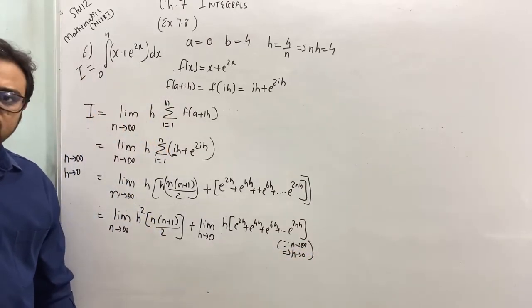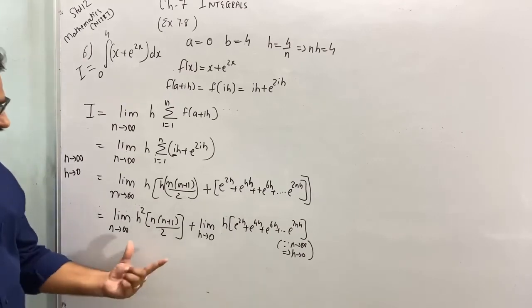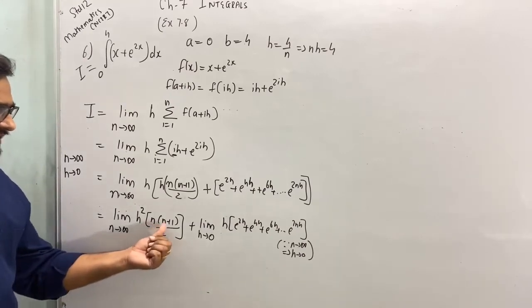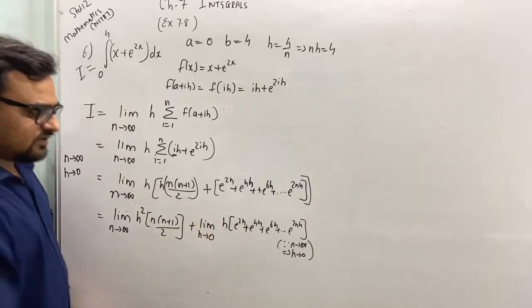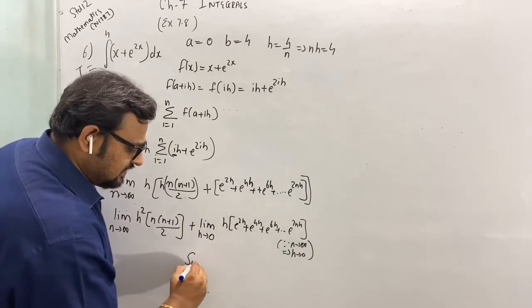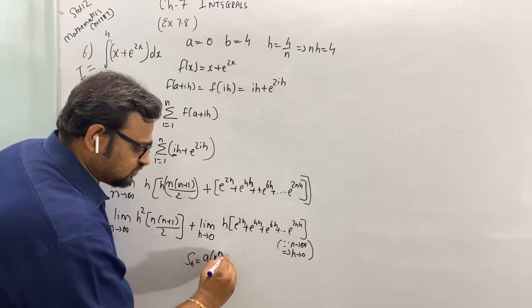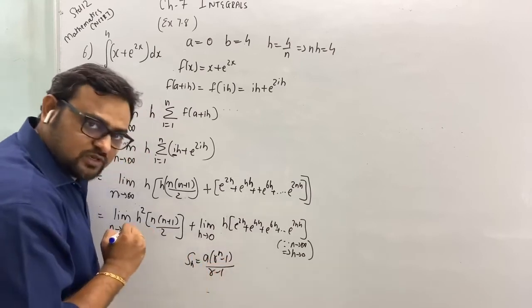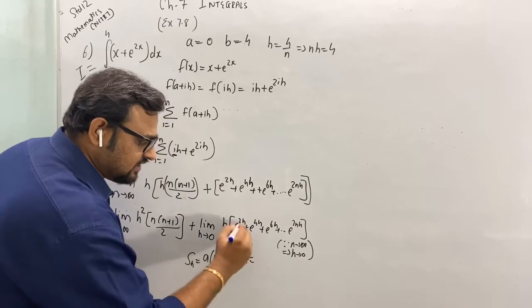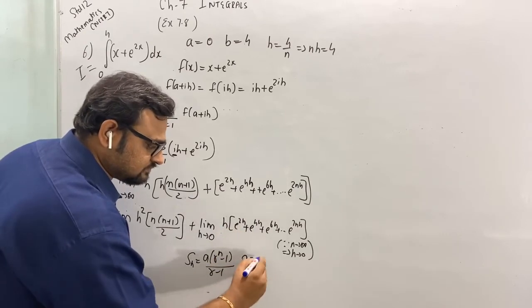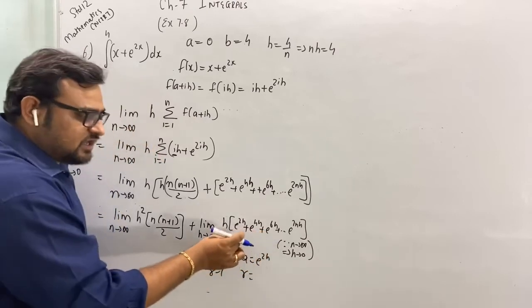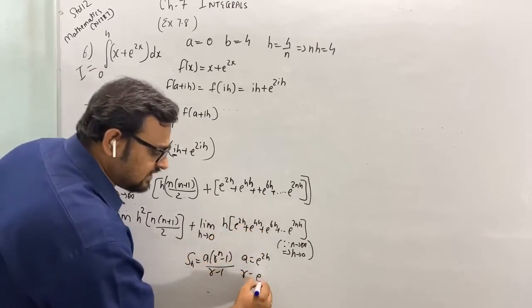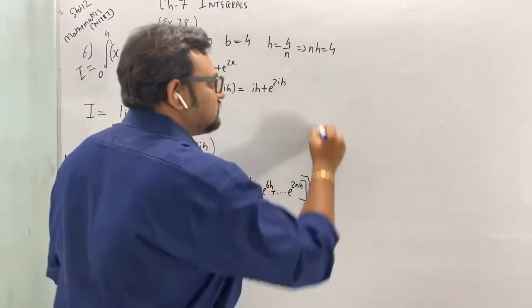Clear? Okay. So now see here, we will take n common from both of these, so h square n square. Here again Sn is equal to a into (r raised to n minus 1) upon (r minus 1). So what is our a here? e raised to 2h. And what is our r? e raised to 4h divided by e raised to 2h, again e raised to 2h.